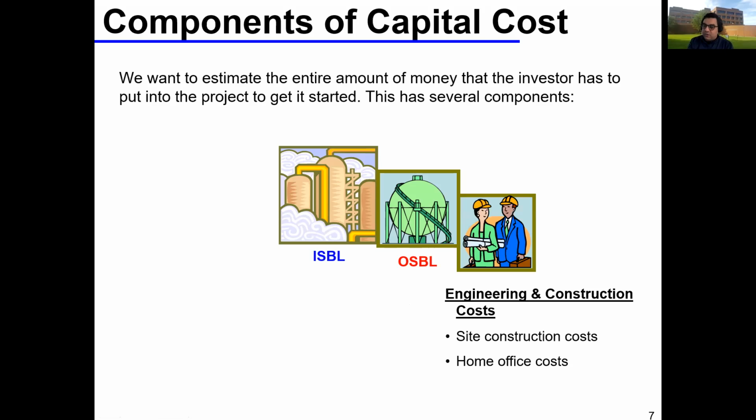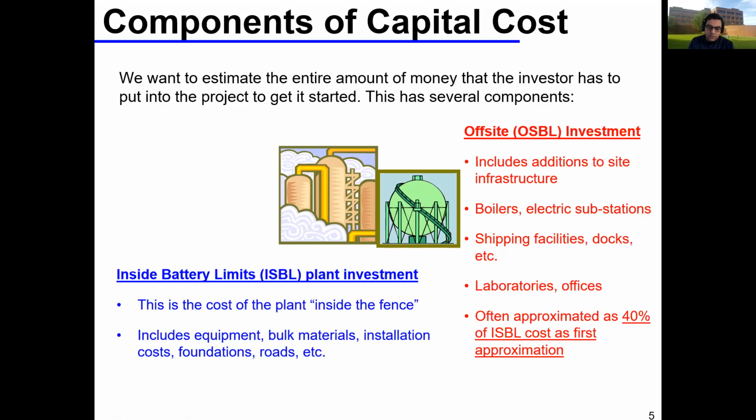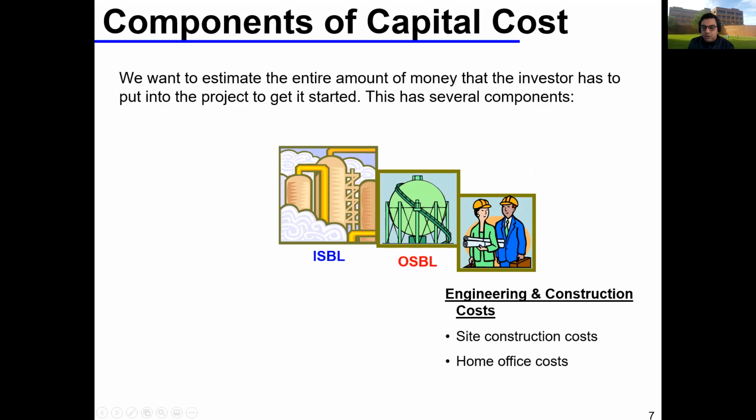And then afterwards, you have an additional cost, and then we have a bunch of other costs as well. Engineering and construction costs, how much will it cost to actually build this plant? Okay, this is not included in the inside battery cost. If you look at this, we said this includes equipment, material, installation cost, foundation, etc. However, it does not include all of the engineering costs, right?